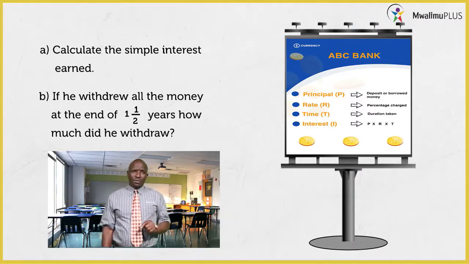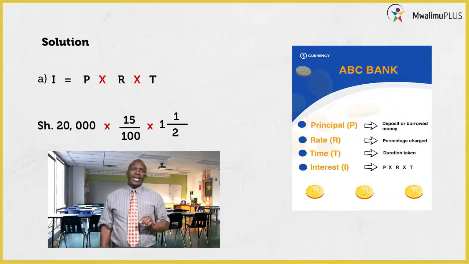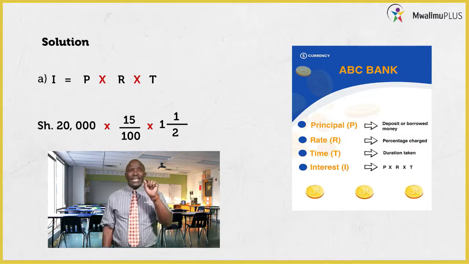So first of all, we look at the interest, where we are dealing with principal times rate times time, as I've said, you can see even on the board there. The principal was 20,000 shillings. And the rate was 15% per annum for a period of 1.5 years.